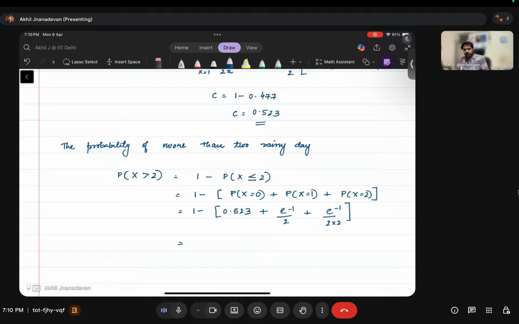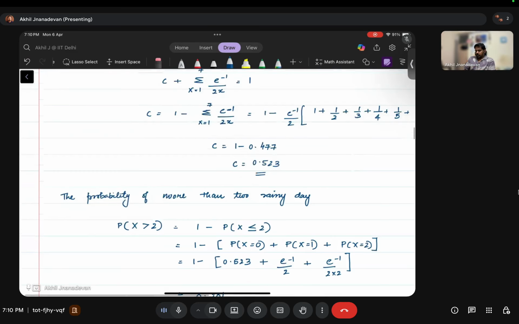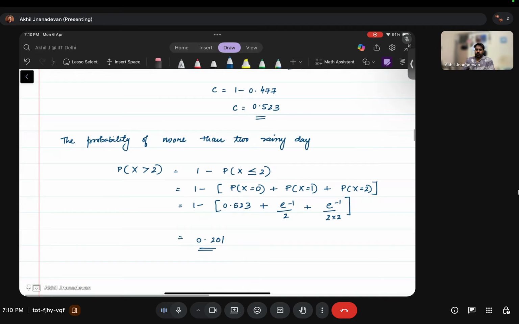If you substitute this, we'll be getting 0.201. This is the final answer. So the probability that there can be more than 2 rainy days is equal to 0.201. Okay. So this is how we deal with PMF, probability mass functions for discrete random variables.